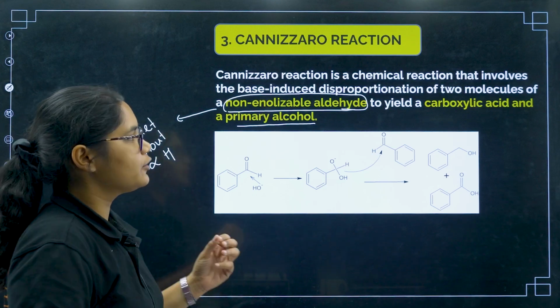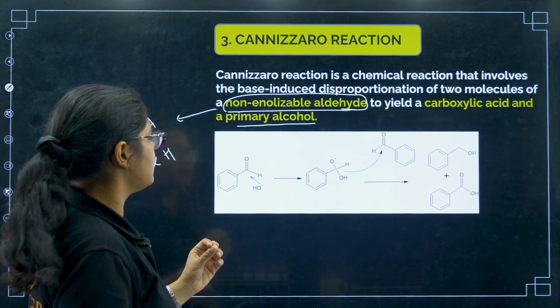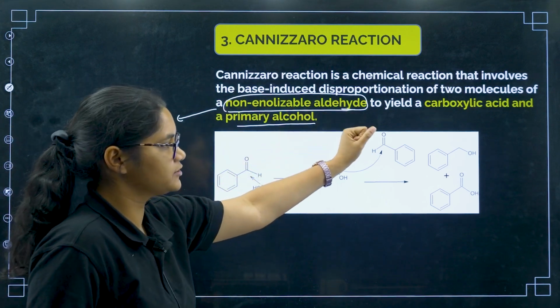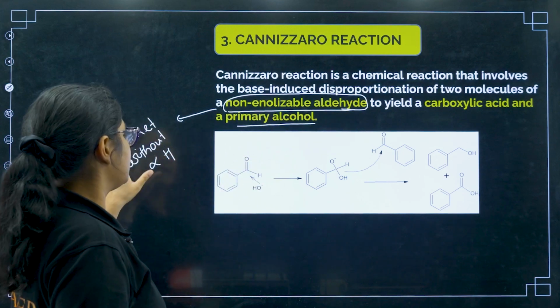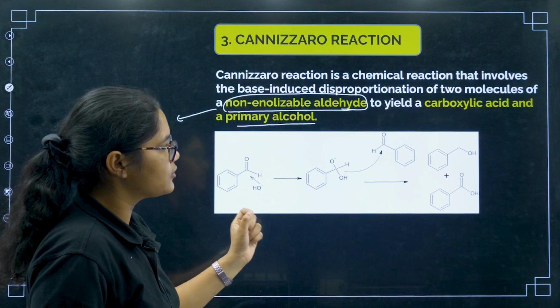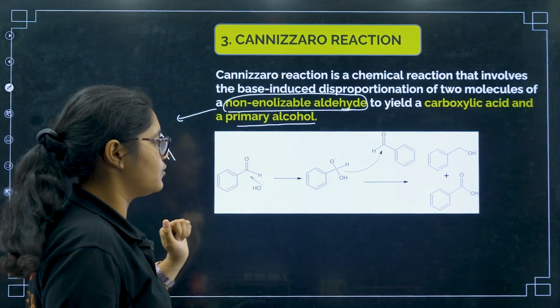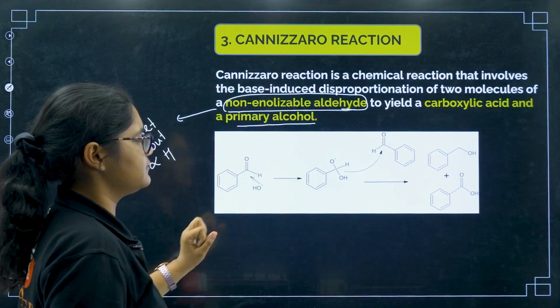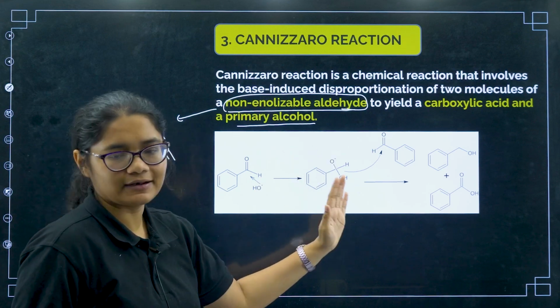So the Cannizzaro reaction involves the disproportionation of two molecules of an aldehyde or ketone without an alpha hydrogen to yield a carboxylic acid and a primary alcohol. Here the mechanism is given, but you don't have to write the mechanism, you can directly write down the product.